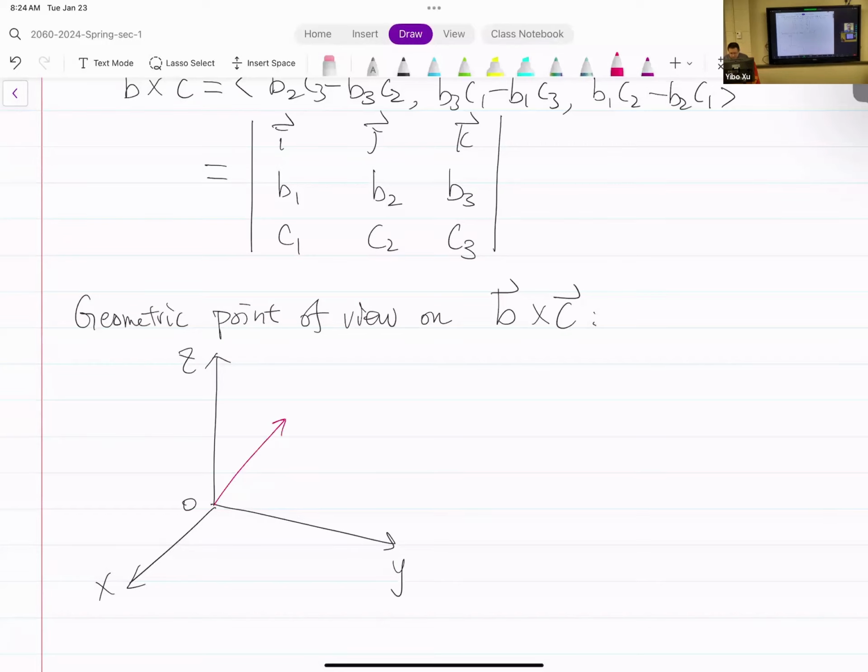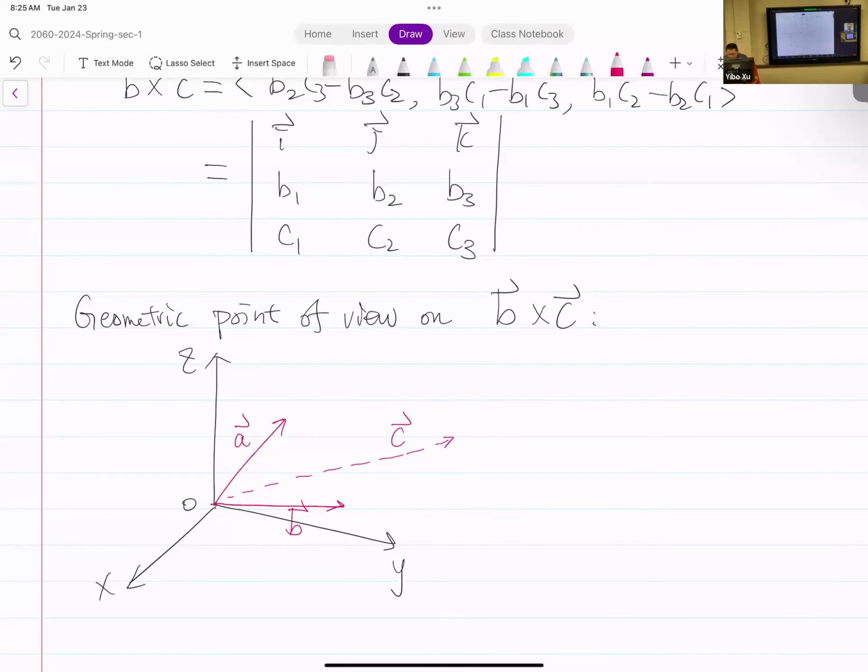So let's say this is A, and this vector at the rear side of the figure in dashed line is vector B. Okay, that's going to be C. So B is the one in the front.